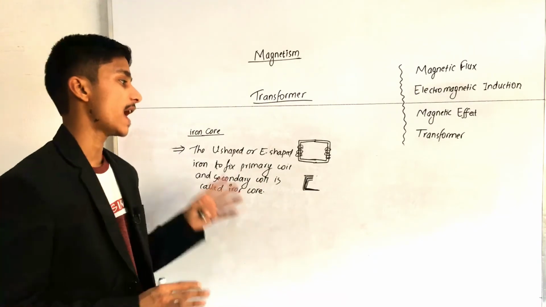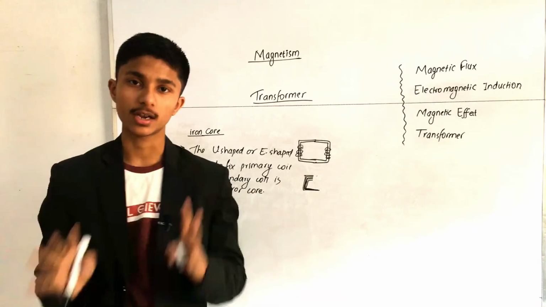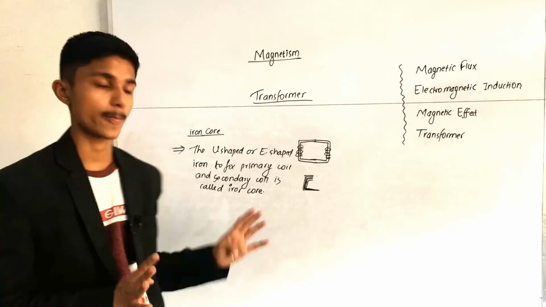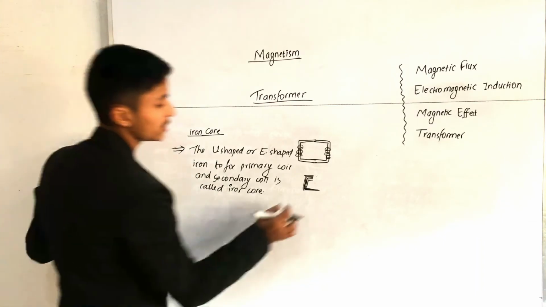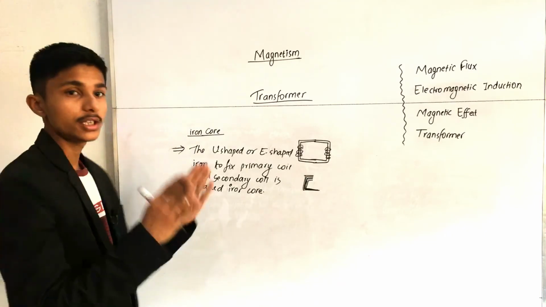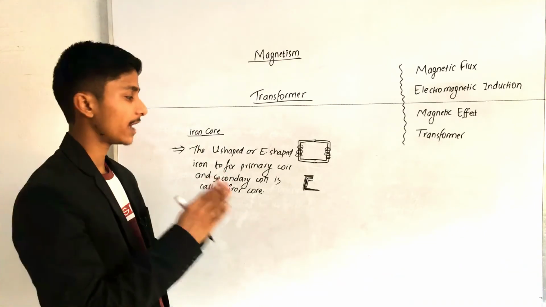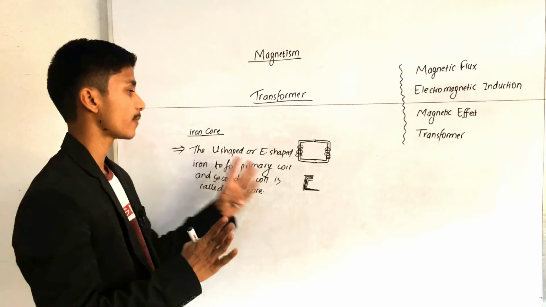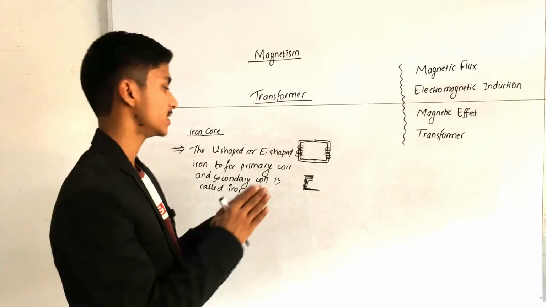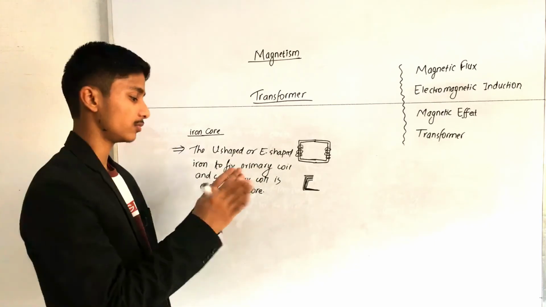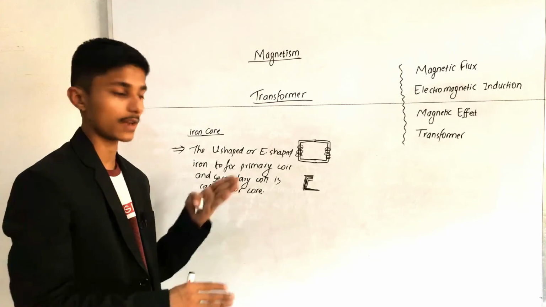It is made up of soft iron. Several E-shaped or U-shaped soft iron bars are laminated one after another, overlapped one after another.